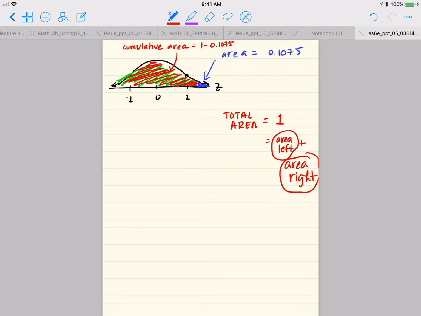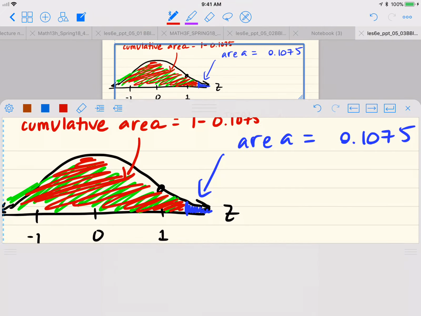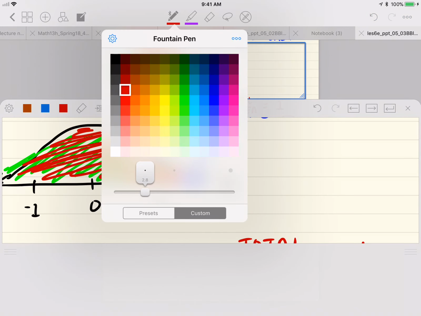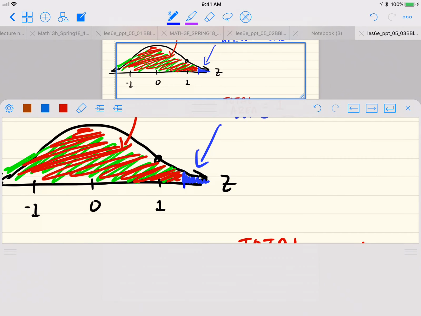So if I know the area to the right is 0.1075, then the cumulative area has to be 1 minus 0.1075. So into the calculator, inverse norm, my cumulative area, 1 minus 0.1075, comma, my mean, 0, comma, my standard deviation, 1, and I get 0.934589... So this z-score must be approximately 0.93458.